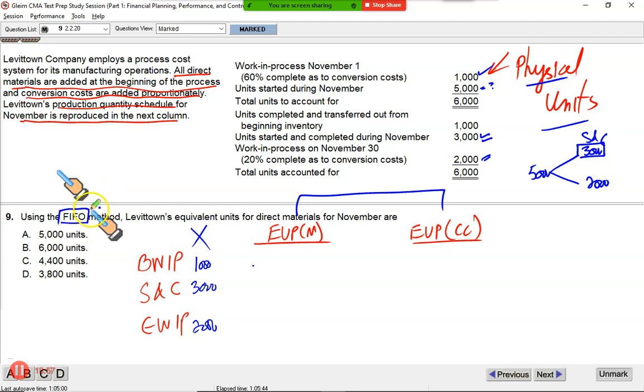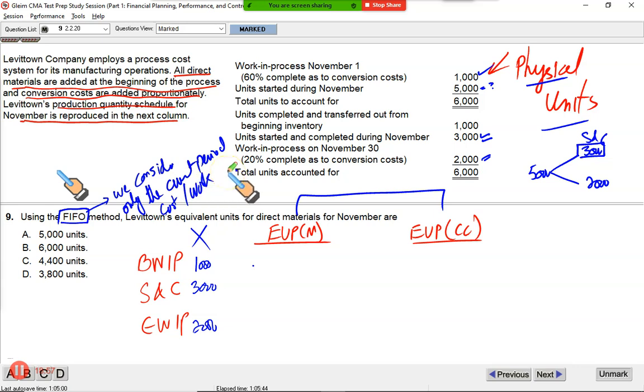Under FIFO method, we consider only the current work and current cost. We consider only the current period costs and work only for the current period.